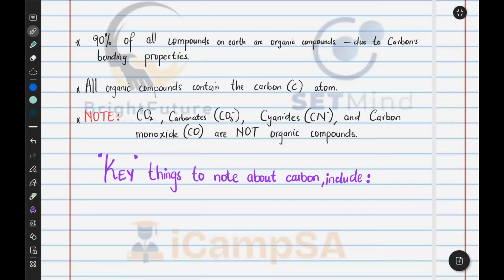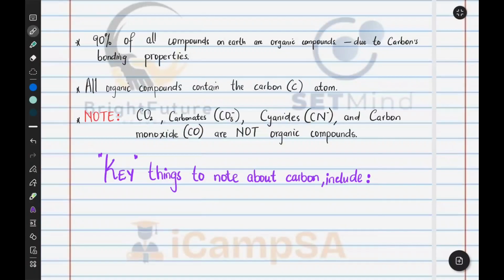Another thing to remember is that since all organic compounds contain carbon, most of them also contain hydrogen. So most of them contain both carbon and hydrogen. Carbon will always have 4 covalent bonds, and hydrogen will always have 1 covalent bond, which can be to the carbon or to another atom. So that's one thing we must note.